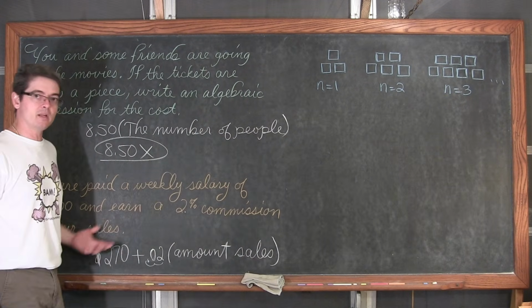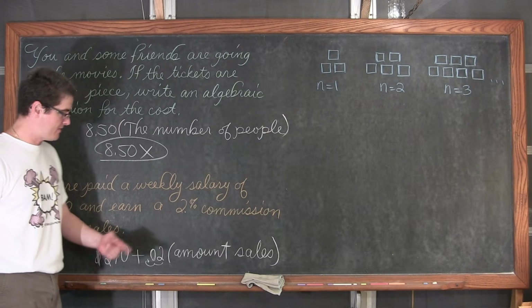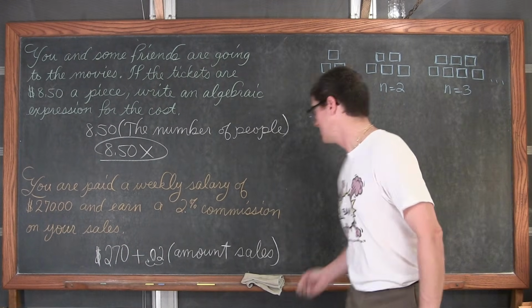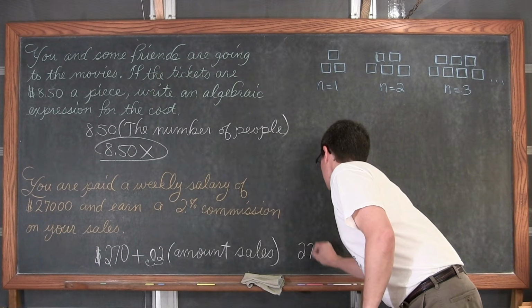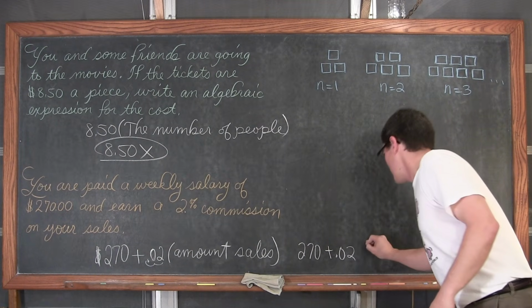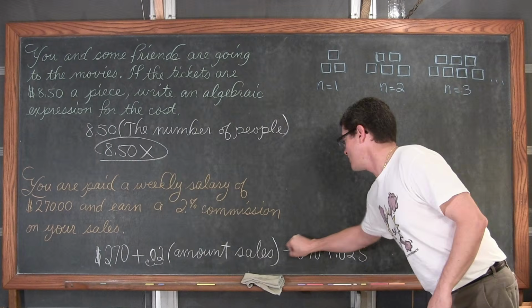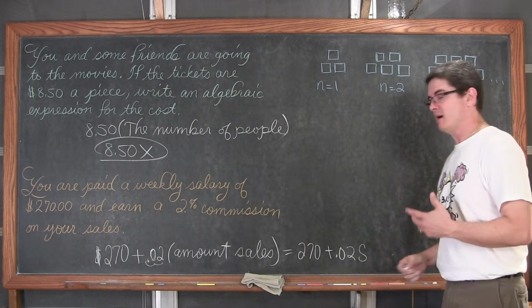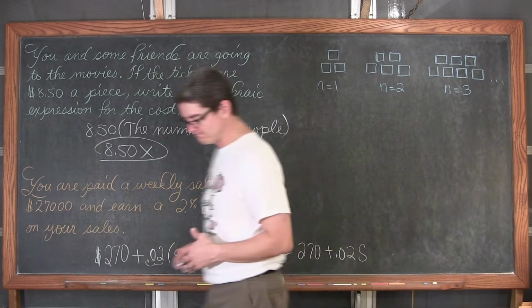Which, again, generally in a math book, you're going to see as 270 plus 0.02 and then some letter, maybe capital S, to represent your sales.